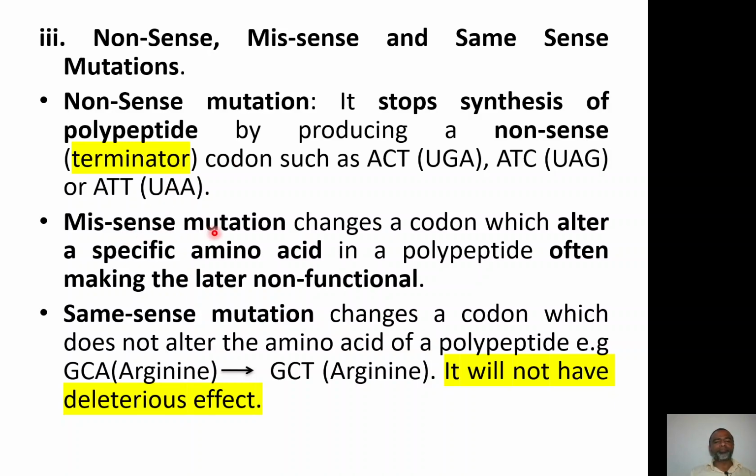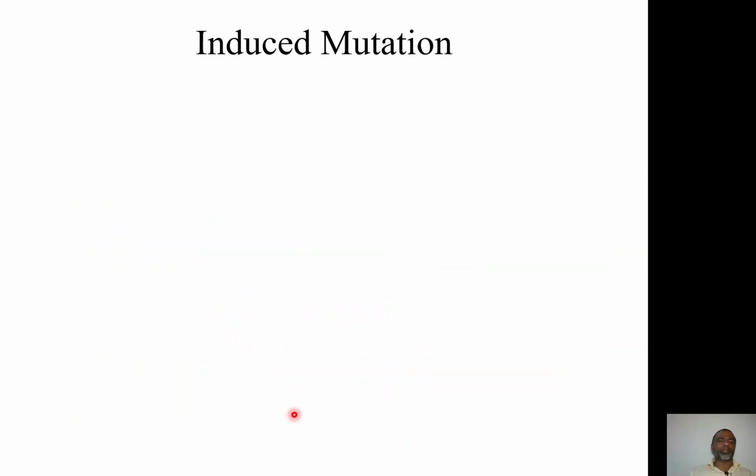Missense mutation will substitute another amino acid, which may make the polypeptide chain non-functional, and the same sense mutation will substitute the same amino acid in the polypeptide chain. Because the same amino acid is added, it will not affect any morphological or physiological characteristic feature of the individual. So, it will not have a deleterious effect.